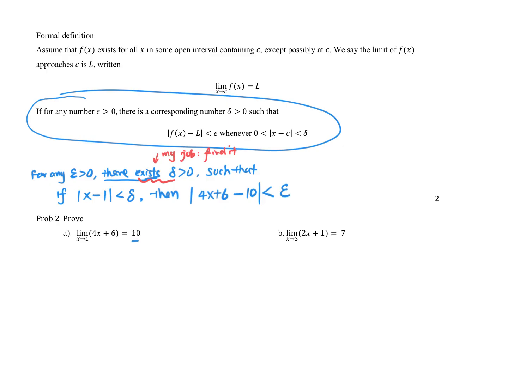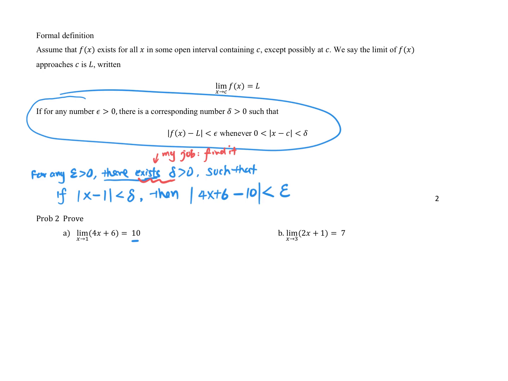If I can do that, that's enough to conclude that the limit of this is 10. So you see that it all comes down to finding this delta. So how do I find delta?